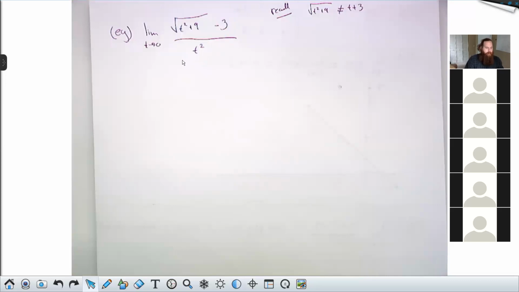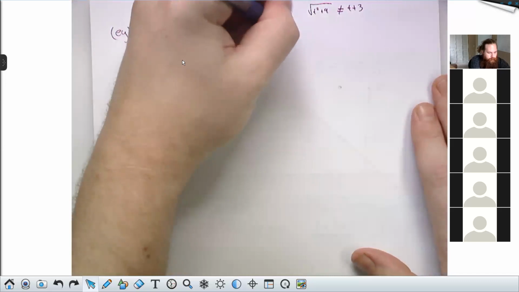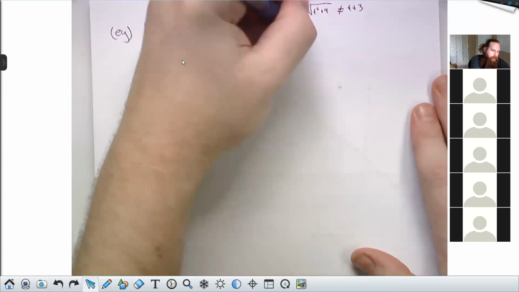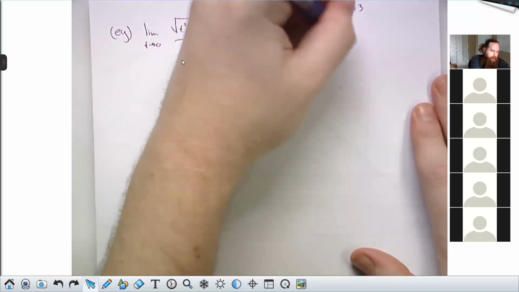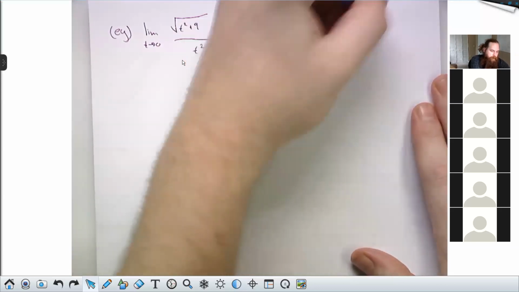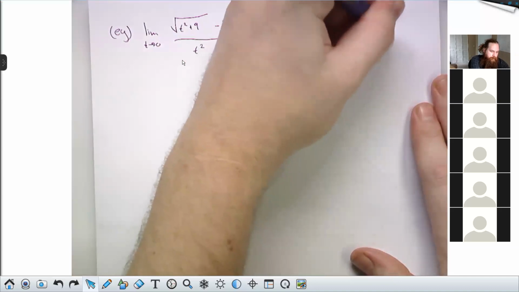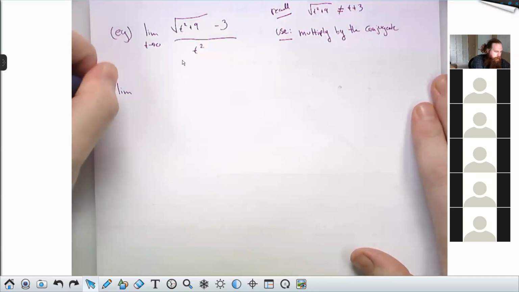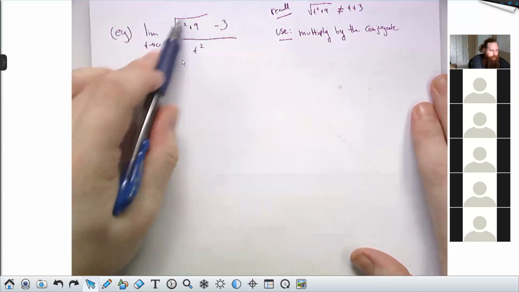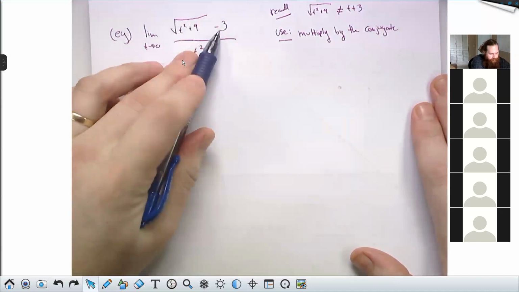So that's the algebra trick that we'll use. Conjugate, kind of like the complex conjugate, if you've ever studied complex numbers. The conjugate of this numerator is the square root of t squared plus 9 plus 3.